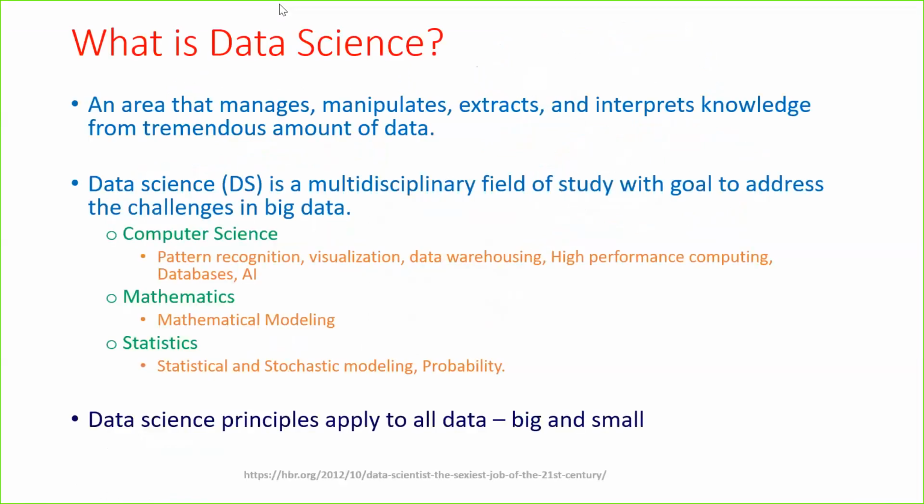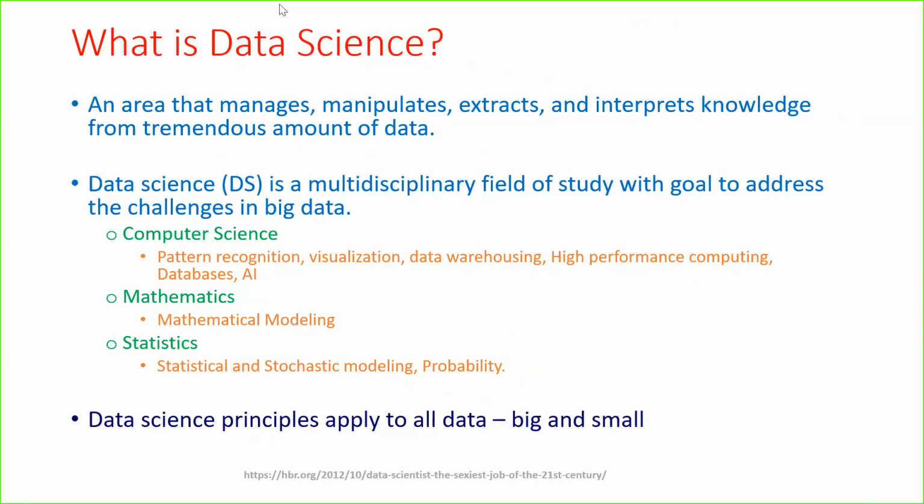All right. So what is data science? Data science is a multidisciplinary area, where theories and techniques from various domains have been put together to analyze big data, or to manipulate, extract or interpret the knowledge from the tremendous amount of data.